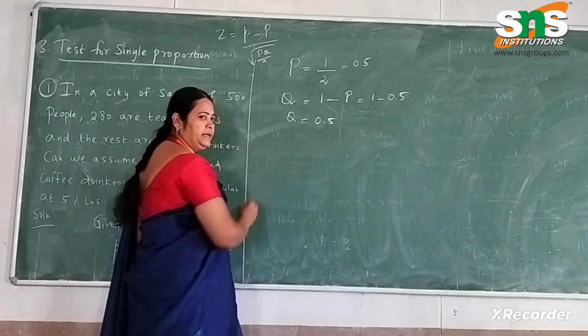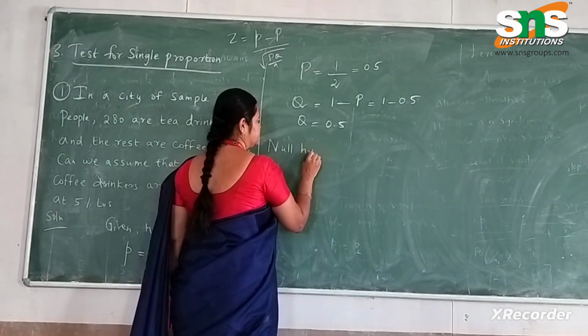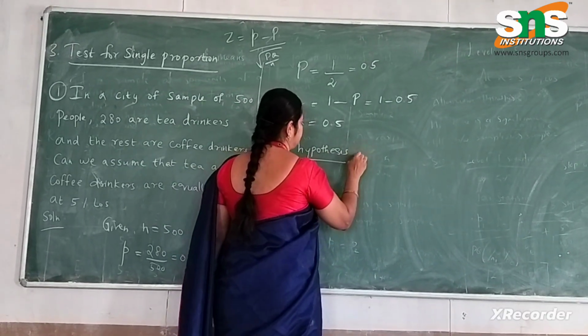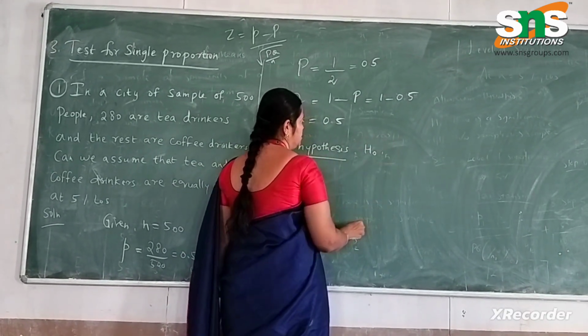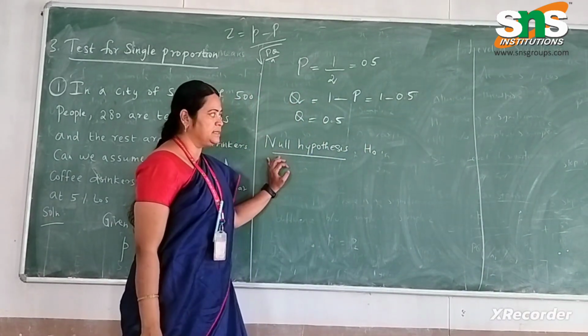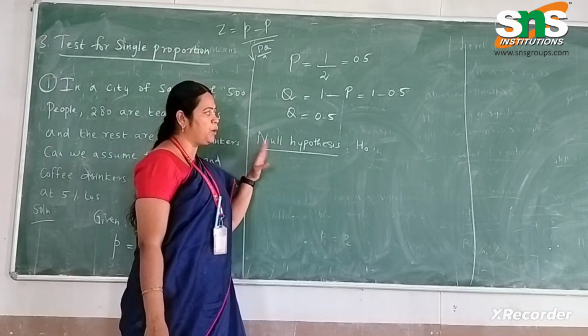First we have to formulate the null and alternative hypothesis. Let me write the null hypothesis, which is denoted by H naught. How will you write the null hypothesis? In the previous tests we wrote that there is no significant difference between the sample mean and population mean.